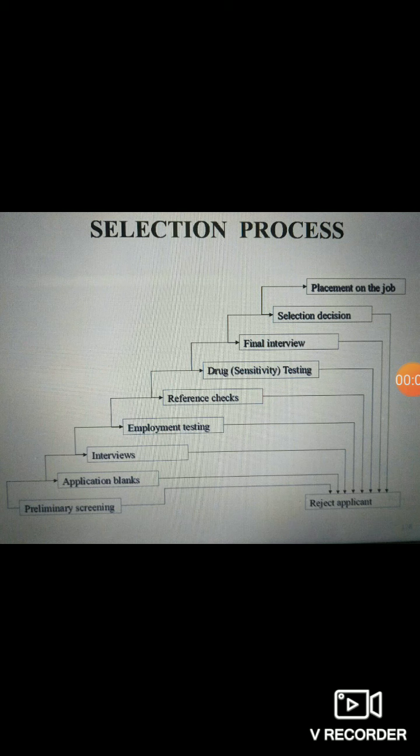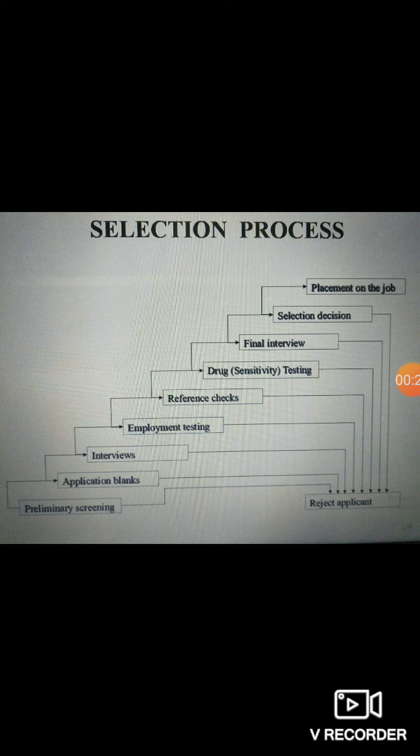In today's session, we are going to discuss the process of employee selection. Though this flowchart shows around 8 to 9 stages of selection process, it's not that each and every stage is mandatory.